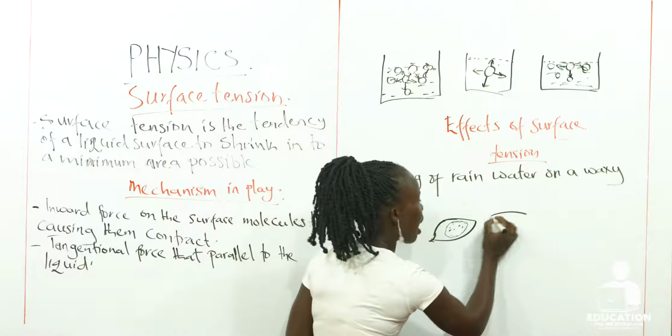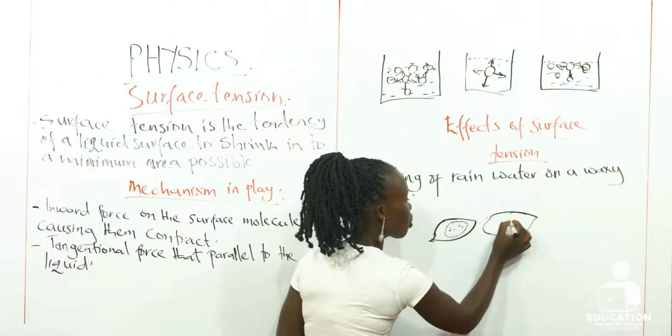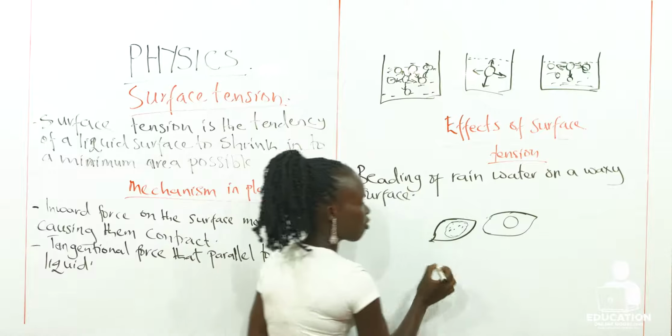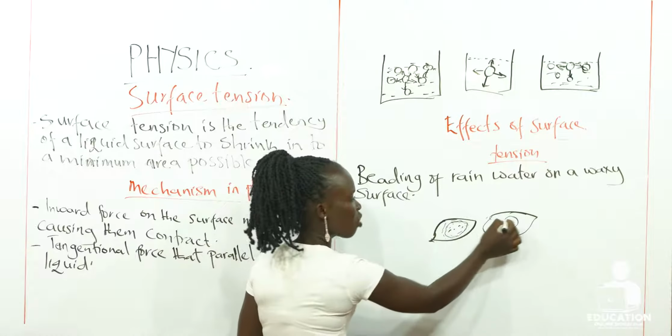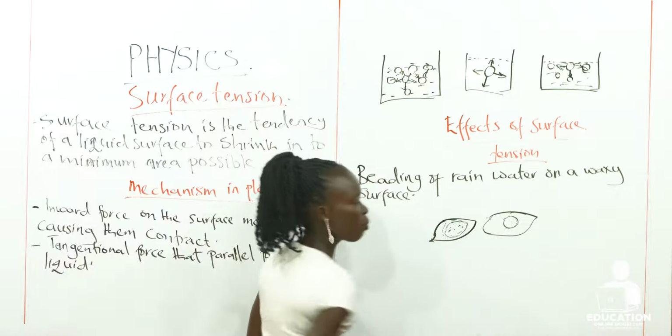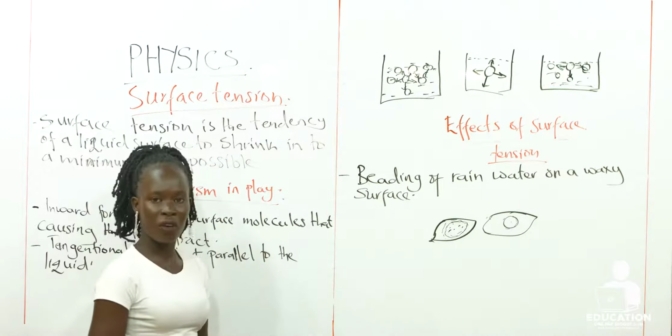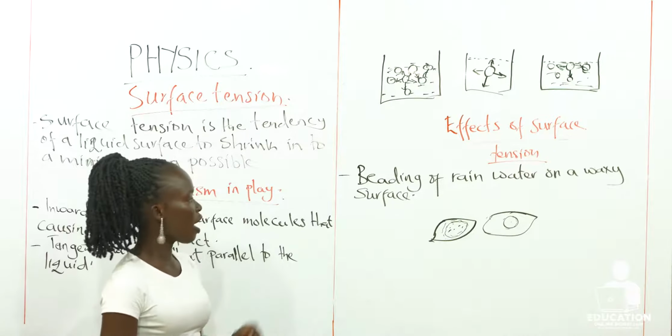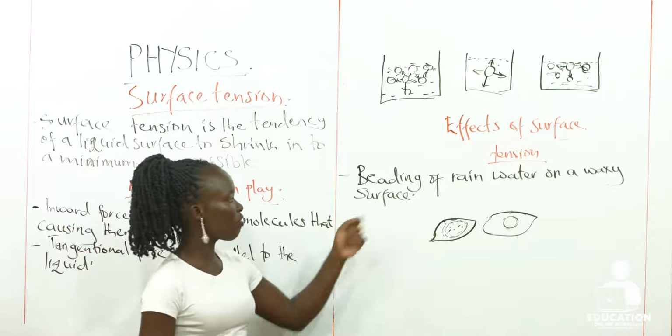From this other shape, because of surface tension, it will appear more spherical. So this is one of the effects of surface tension.